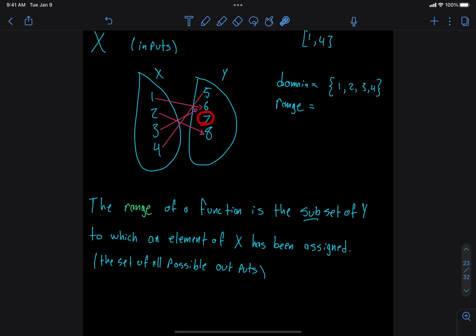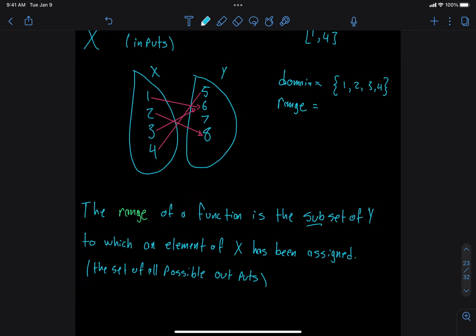We would say 7 is not in the range because it's not an element to which an element of x has been assigned. There's no element of x which is assigned to the number 7. Therefore, the number 7, even though it is an element of y, is not going to be an element of the range. The range is going to be the subset of y to which an element of x is mapped.